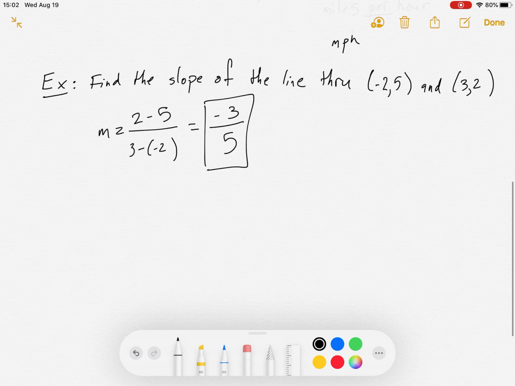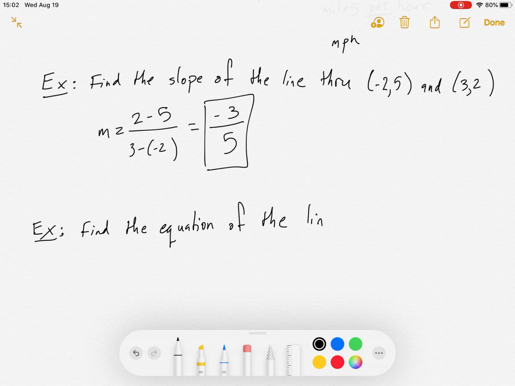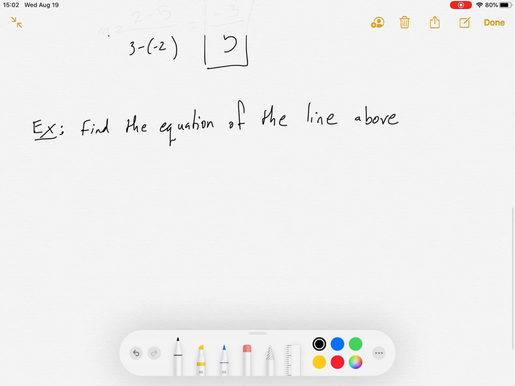Okay, now let's go ahead and continue this, and let's actually find the full equation of the line above. We're going to do this in 2 ways, in the following formats.